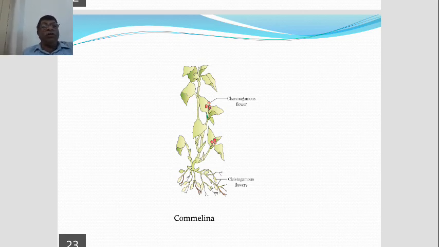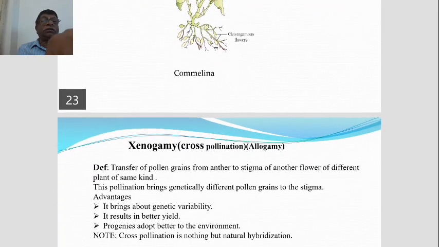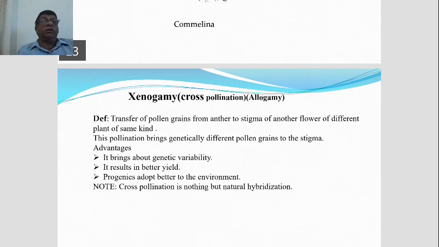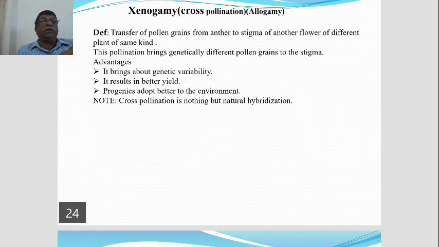Thus we find 2 types of flowers in this plant. That's all. Autogamy. Okay. Now we shall study the xenogamy.